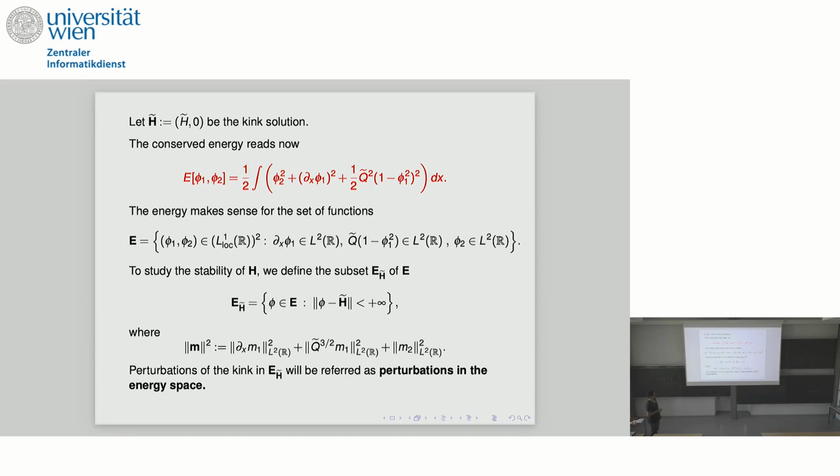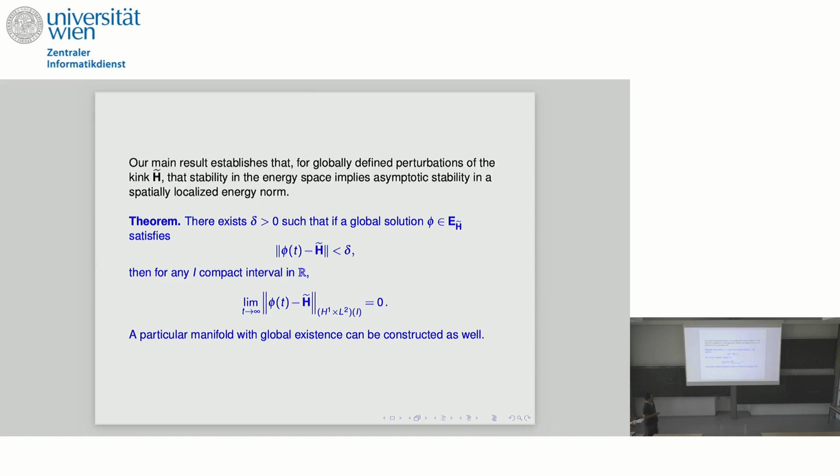And here, the norm that we choose is motivated by the energy. You consider the full L2 norm of the derivative, the full L2 norm of the time derivative, but you no longer have L2 control on the perturbation, but instead a weighted control in L2. So remember, this will be important in what follows.